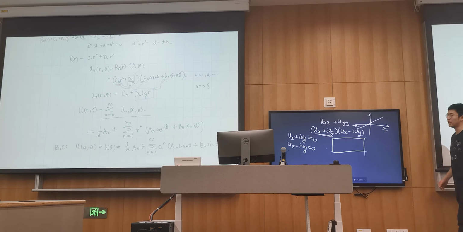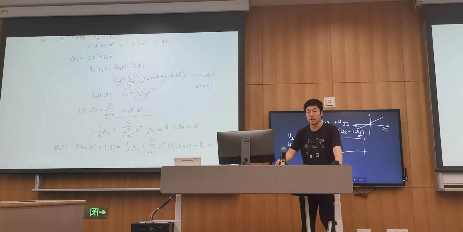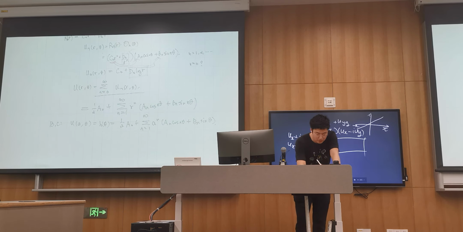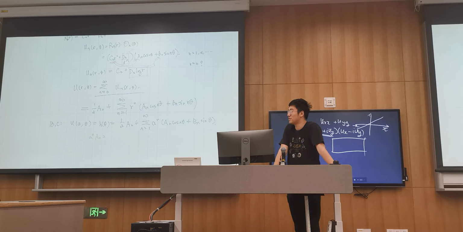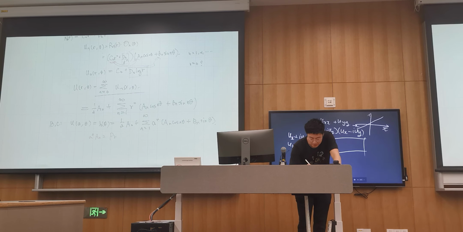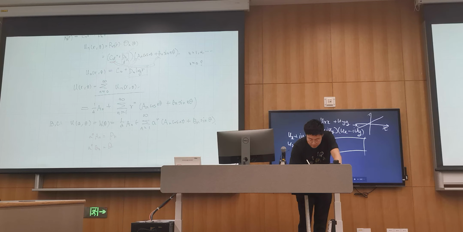Well, again, it seems not directly a Fourier series. However, let's say we write a^n times an as Pn, and a^n times bn equals Qn.